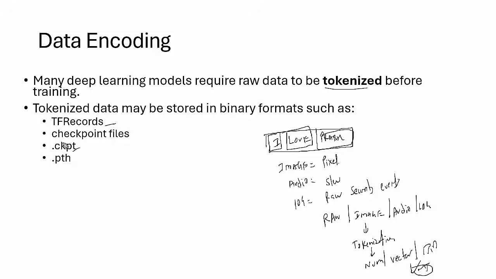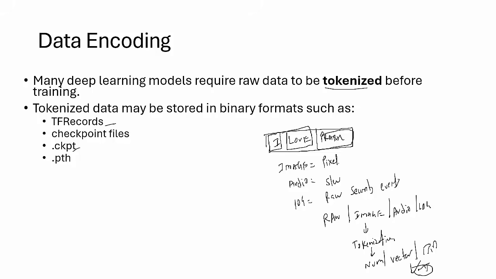CKPT, or checkpoint file, stores the model training progress. And .pth is a PyTorch file often used to store model weights or trained model data. So these files contain the processed data, model learning process, model weights, and the training datasets we have. I repeat again, TFRecord is used to store processed training data. CKPT is a checkpoint file that stores the model training progress. And PTH is a PyTorch file often used to store model weights or trained model data.